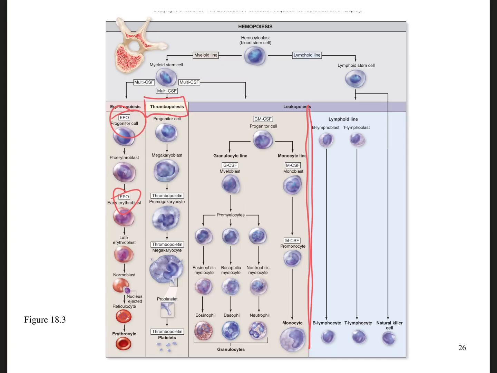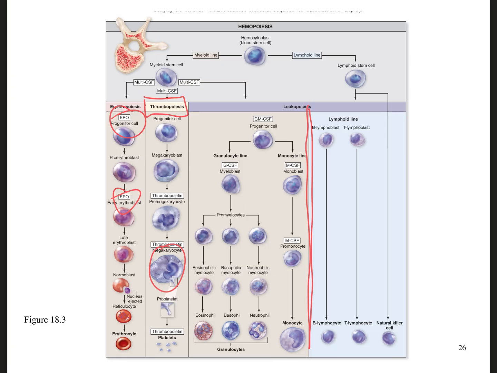Thrombopoiesis is also through the myeloid stem cell line. What's thrombopoiesis? It's the production of platelets. So erythropoiesis is the production of red blood cells, leukopoiesis the production of white blood cells, and thrombopoiesis the production of platelets. Eventually you get down to this megakaryocyte, which then starts to break up and form platelets.